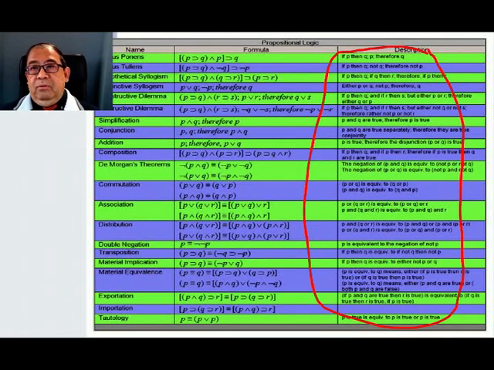And the programming language Prolog is dependent on these rules. But of course, not all the rules are used in the Prolog program, for the reason of making the program easier to understand rather than having all these logical descriptions.